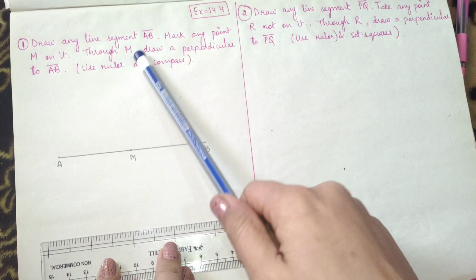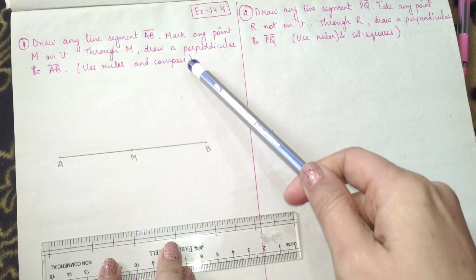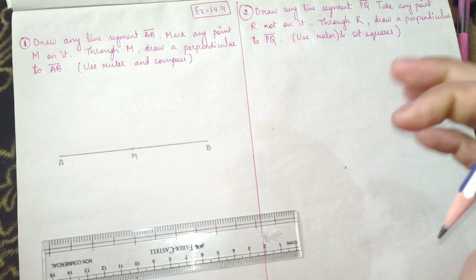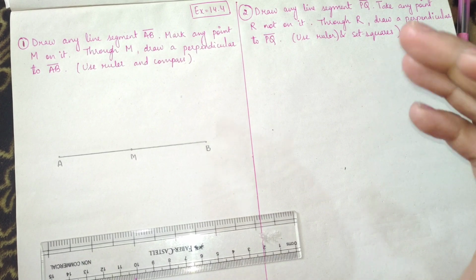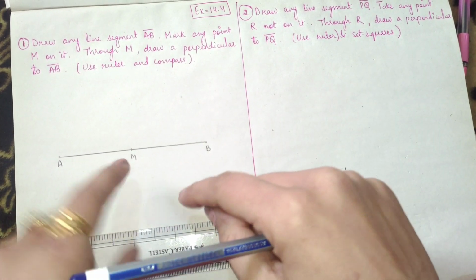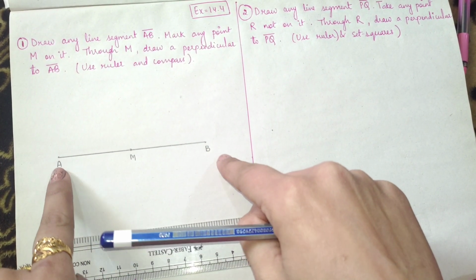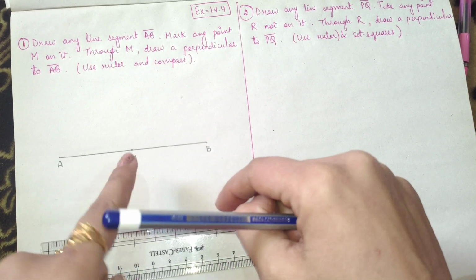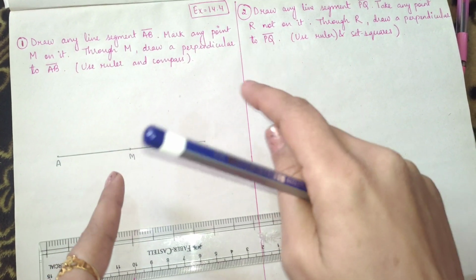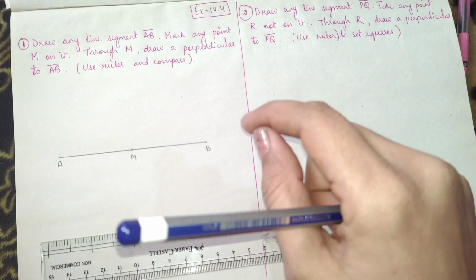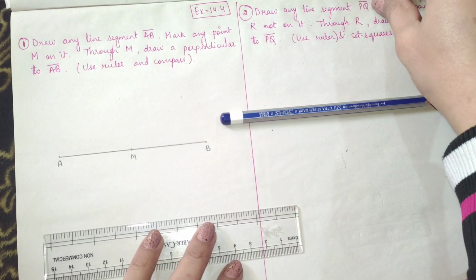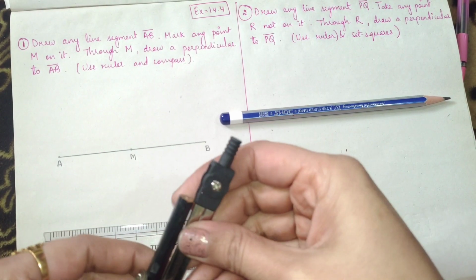Now, through M draw a perpendicular to AB. Listen carefully. We are supposed to draw a line perpendicular to AB which needs to pass through M. That's what they are asking you to draw, and we have to use a compass for that.